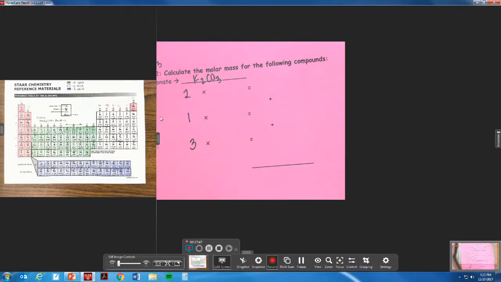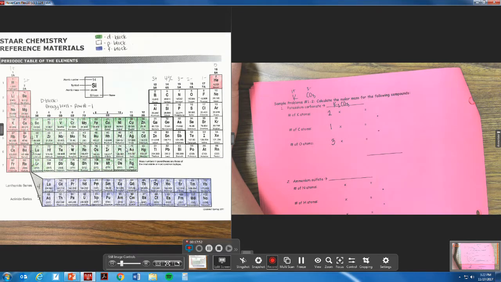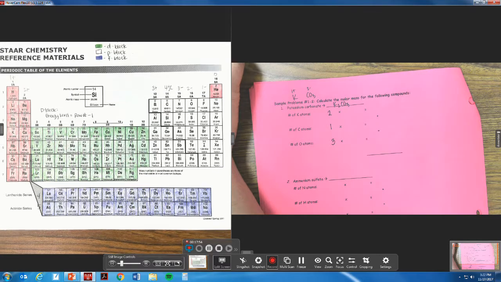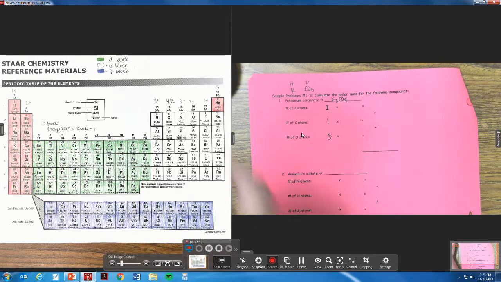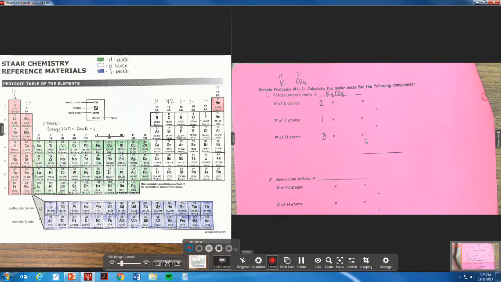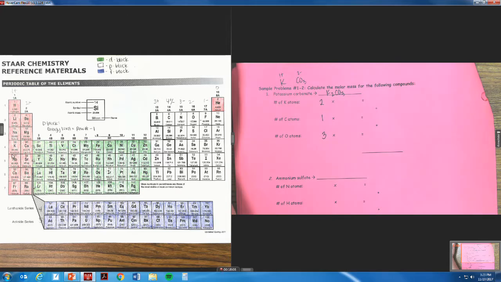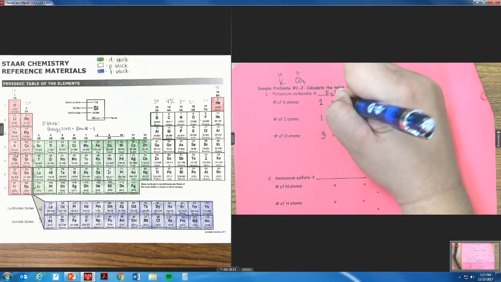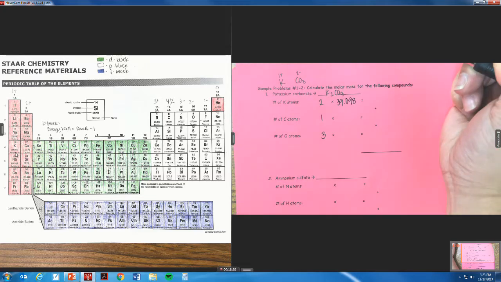I'll put the split screen back up so you guys can take a look at the periodic table. Okay, so potassium is right here again, so that's 39.098. 39.098 is our atomic mass.